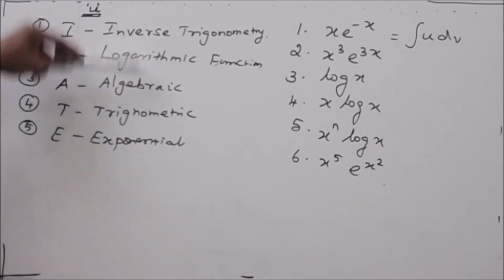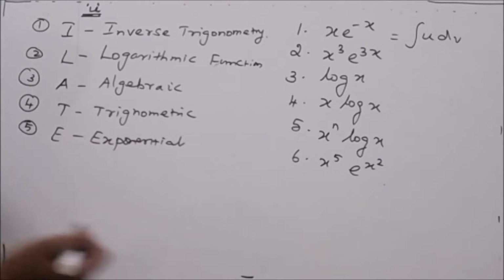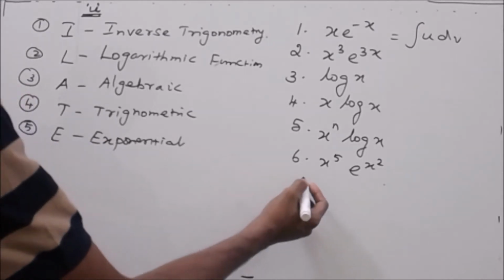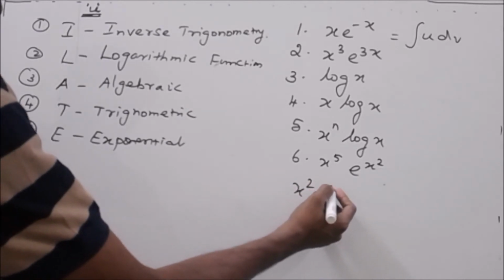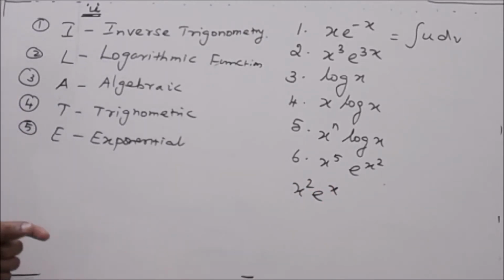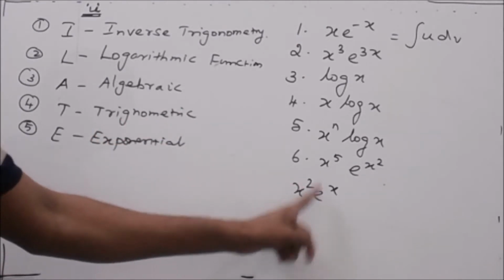Suppose these three have not appeared, and only trigonometric functions appear, then you can choose them as u. For example, integral x square e power x: in this case, choose the algebraic function x square as u and e power x as dv.